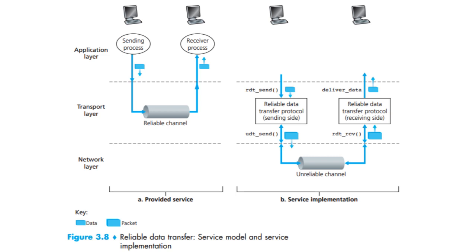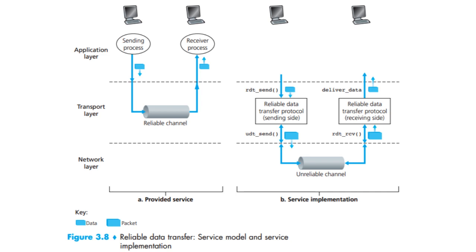Let's look at the data transfer service model and the service implementation interface for our data transfer protocol. The sending side of the data transfer protocol will be invoked from above by a call to rdt_send. It will pass the data to be delivered to the upper layer at the receive side. Here rdt stands for the reliable data transfer protocol, and send indicates that the sending side of the reliable data transfer is being called.